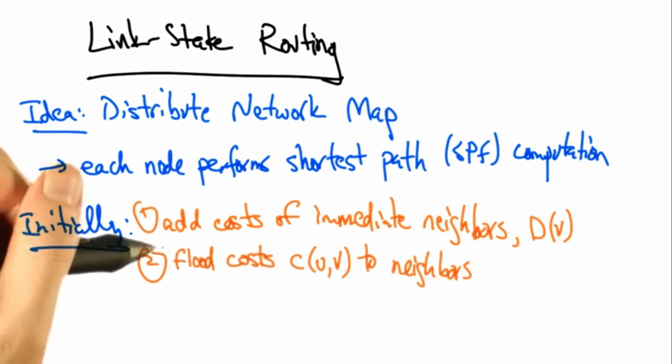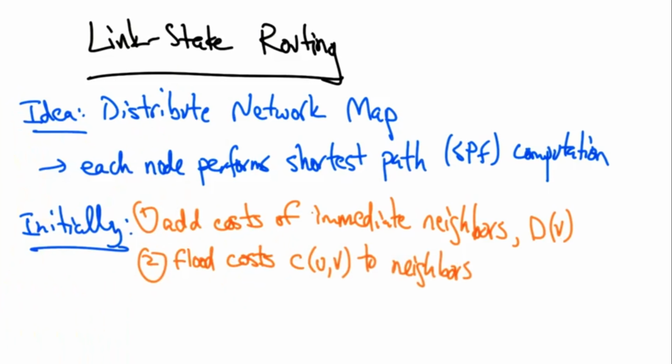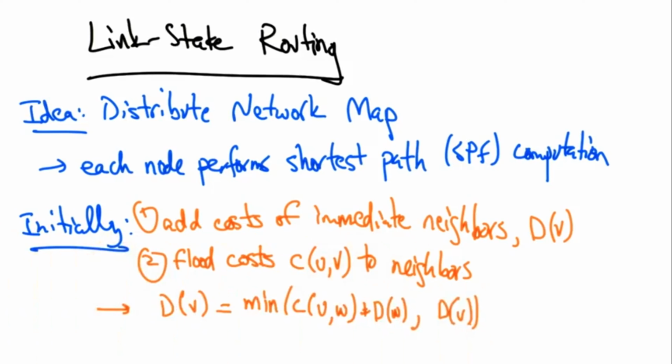Then each node floods the costs between nodes u and v to all of its neighbors, and the distance to any node v becomes the minimum of the cost between u and w plus the cost to w, or the current shortest path to v. The shortest path computation is often called the Dijkstra shortest path routing algorithm.